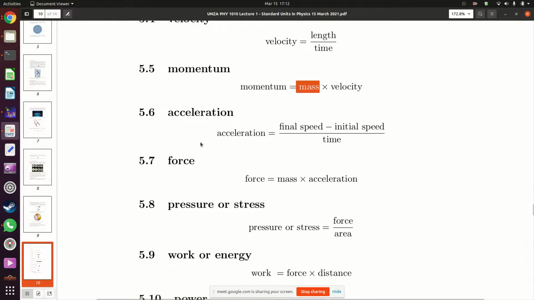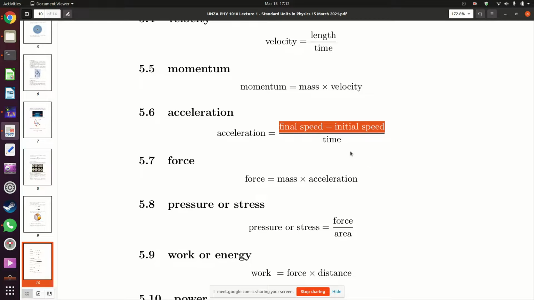Then there is acceleration here. Acceleration is defined a bit differently from what you have seen so far. There is the final speed on top minus the initial speed, so what you have on top here is a subtraction. Final speed minus initial speed just gives you something called change in speed. That is not a new physical quantity.